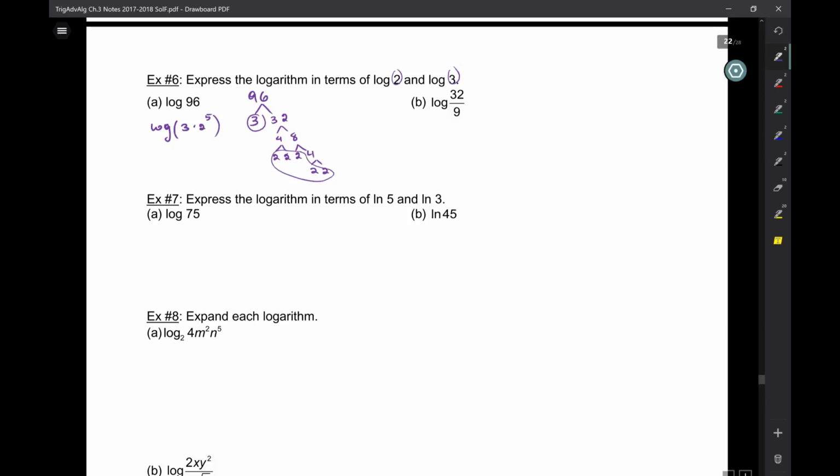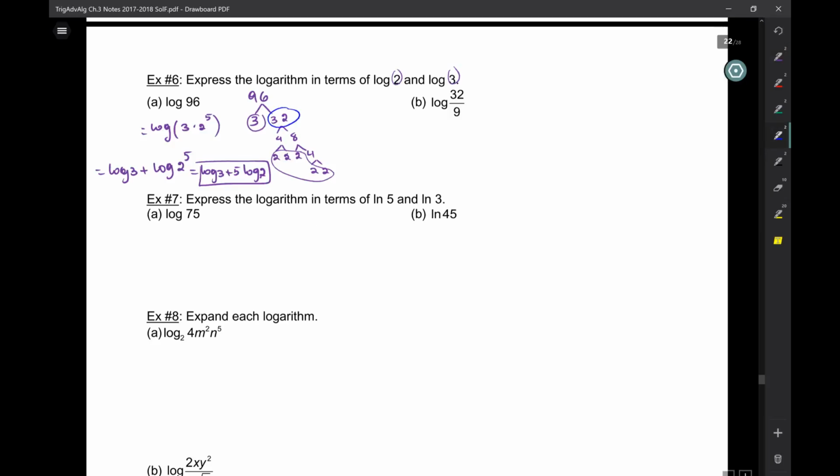So then this will be log of 3 plus log of 2 to the 5th, but then what happens to the 5? Right, so this is log of 3 plus 5 log 2. That's it. Now, the 32 over the 9: we have a 32, and we just dealt with a 32.